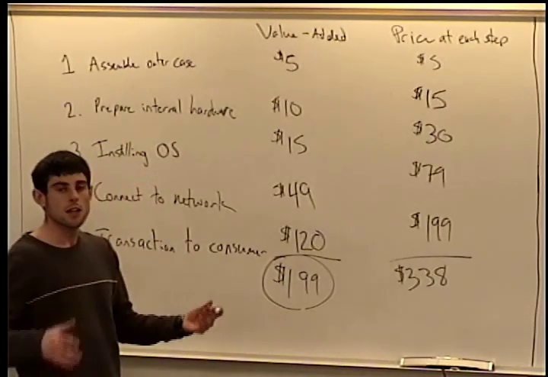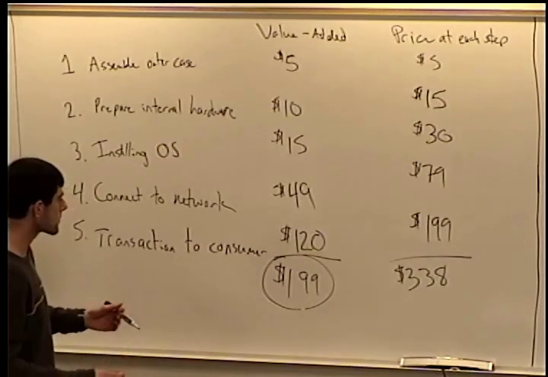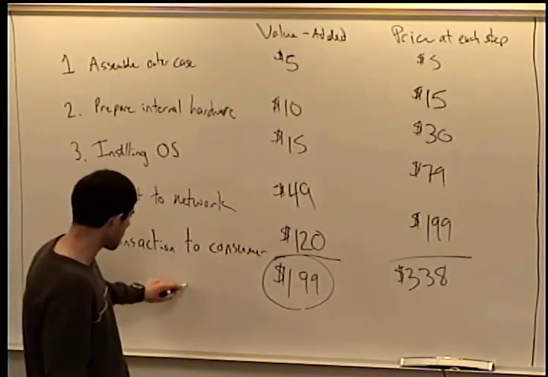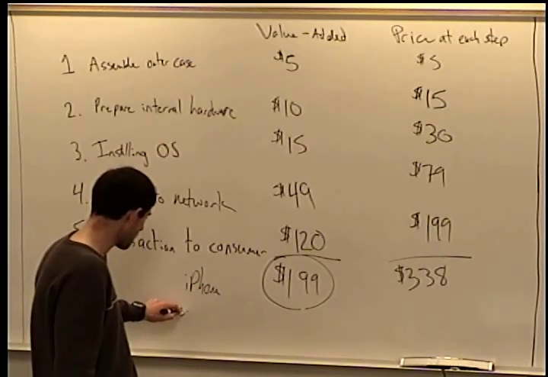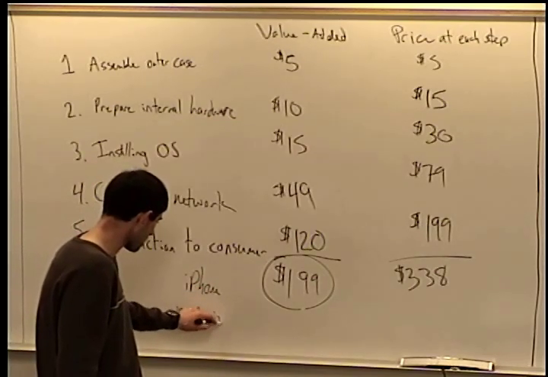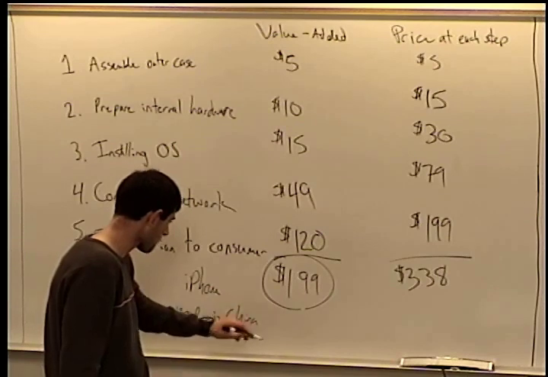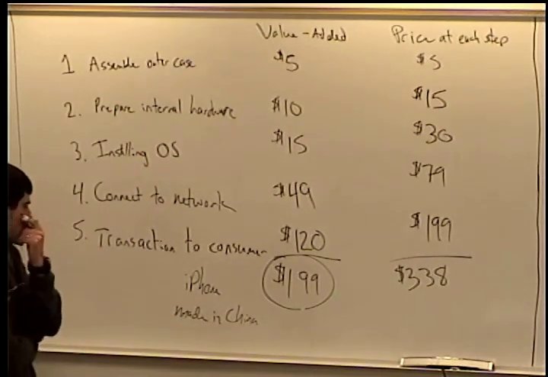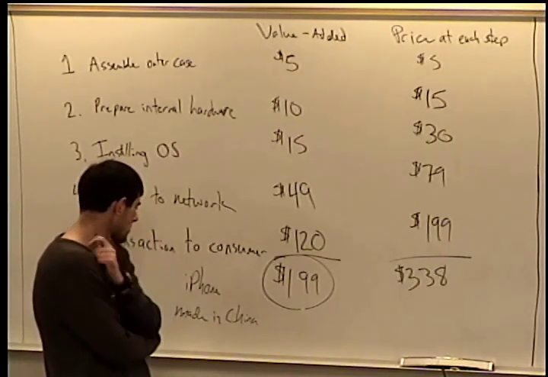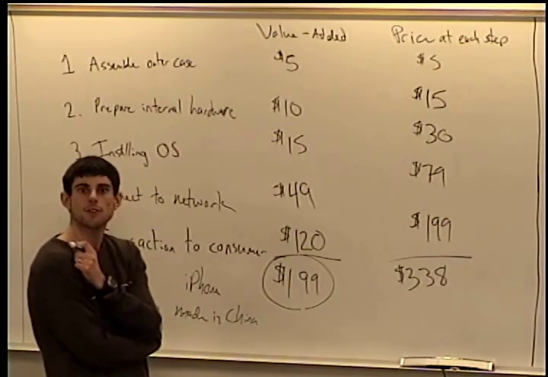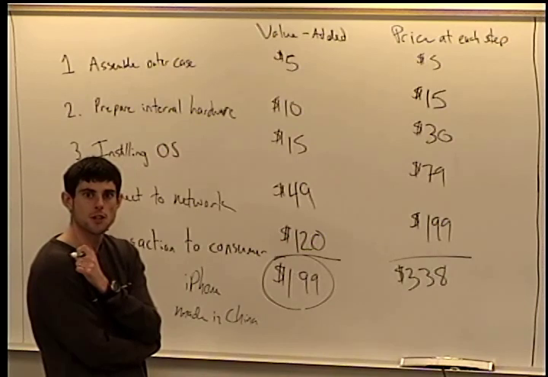Lastly, if we look at final goods and services, if we look at an iPhone, iPhones say made in China. Okay, so that would mean that for China, $199 goes to their GDP if we use the final good approach.